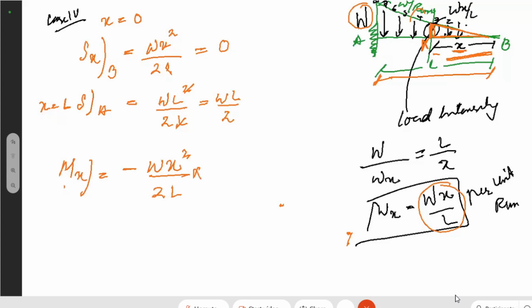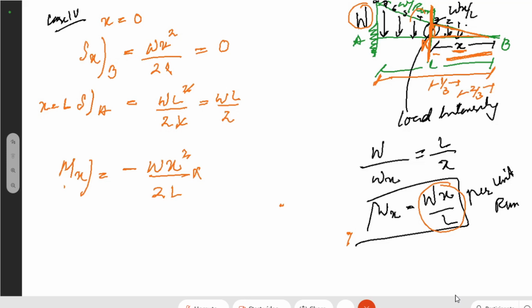Now from x, x is the value here. Whenever you calculate the centroidal distance, you should always calculate it from the point x, because here we already know that from the point x it is 1 by 3 centroidal distance, and it is 2 by 3 from the end.